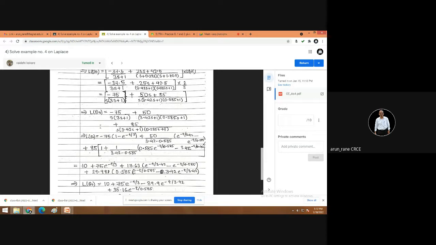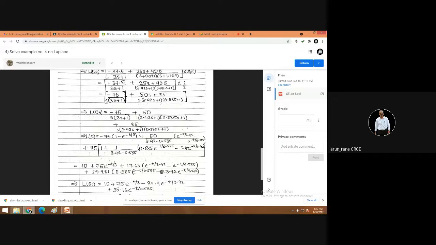Now you have to compare with the table, your Laplace transform which is given in the table, you have to compare and take the Laplace inverse and come to time domain form.